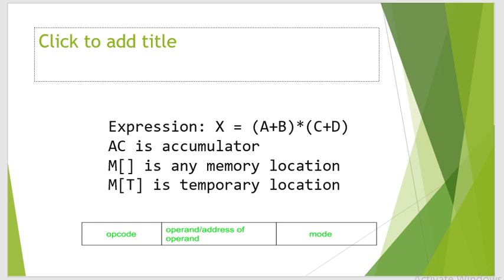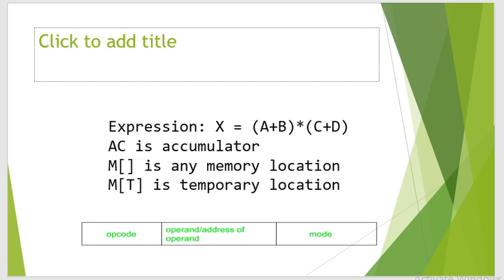So that is the memory operand at address t. Then the instruction formats: the first one is the opcode field, the second is the operand or address field, the third is the mode field.